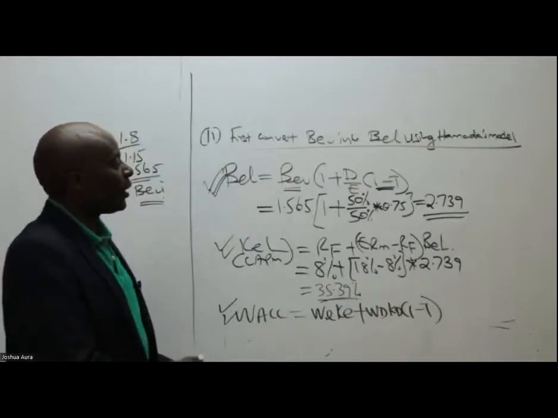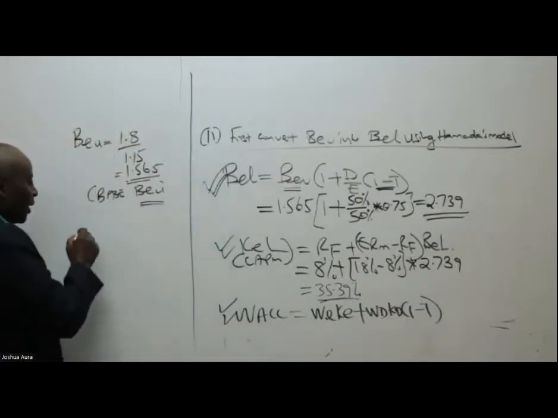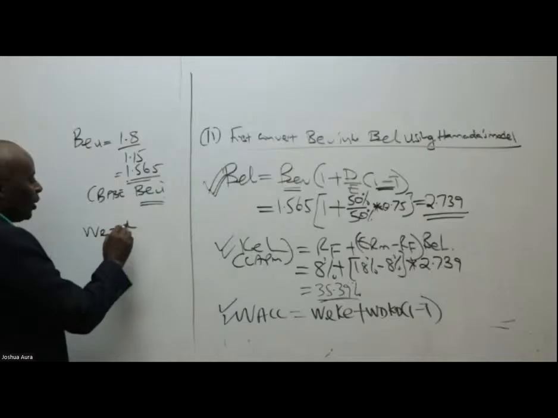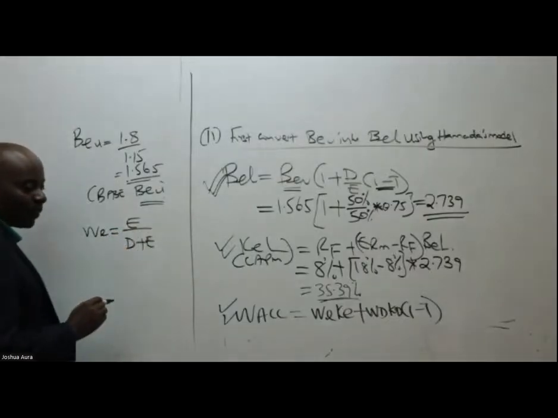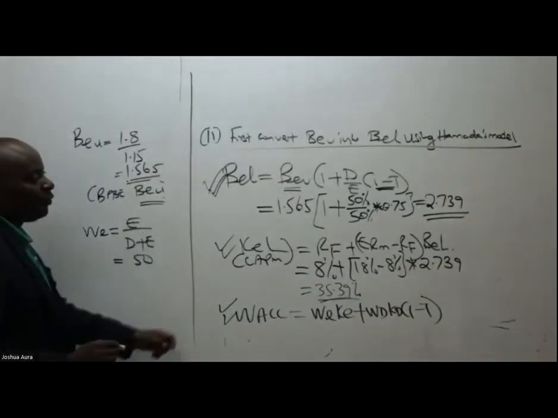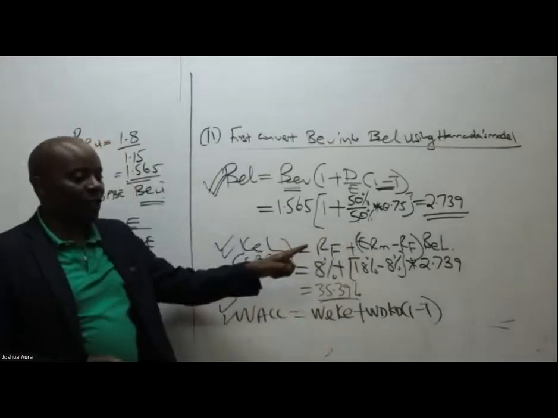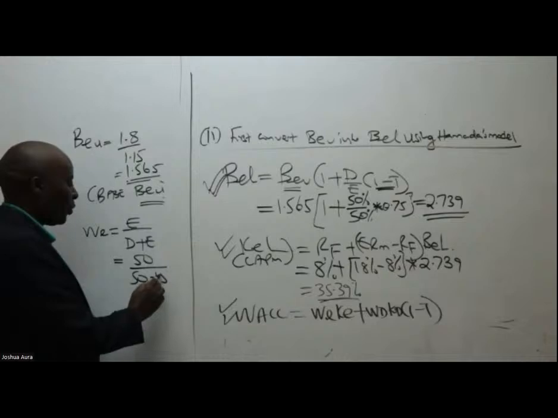So remember that the weight of equity really is 0.5. The weight of equity here will be the equity component over debt plus equity. The equity component, you guys gave me 50. It's 50-50. All over debt itself, which is 50, plus equity, which is 50.